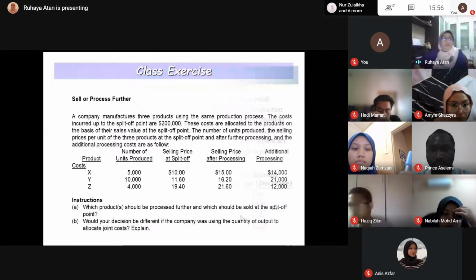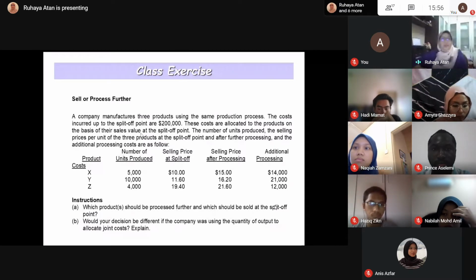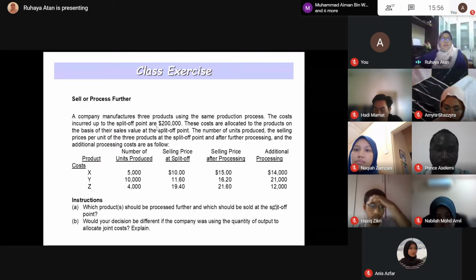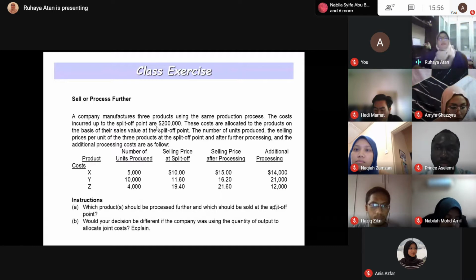This pictures 3 products using the same split off point, 200,000. These costs are allocated to the products on the basis of their sales value, selling prices per unit, at the split off point.